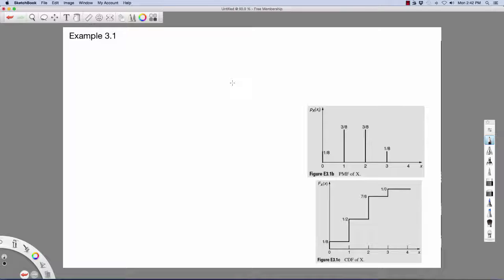In example 2.1 we wrote out the sample space, and now in 3.1 we want to group all of those different outcomes into the categories where none of the 3 are operational, 1 of the 3 is operational, 2 of the 3 are operational, and all 3 of the 3 are operational.